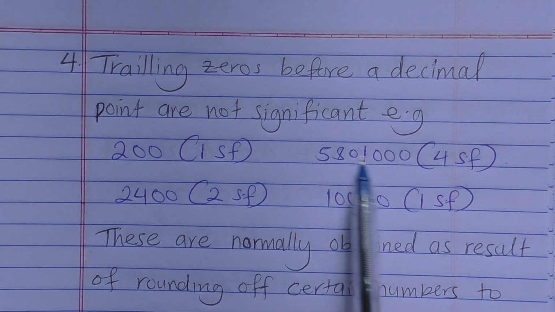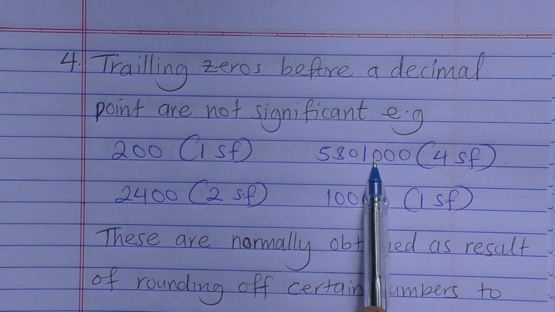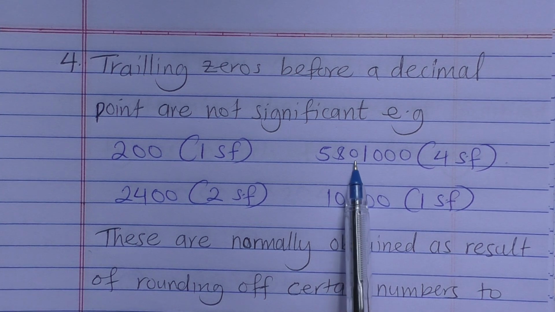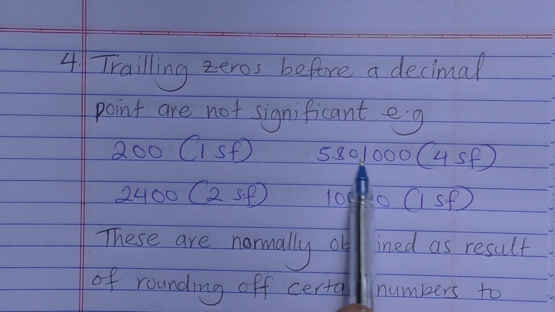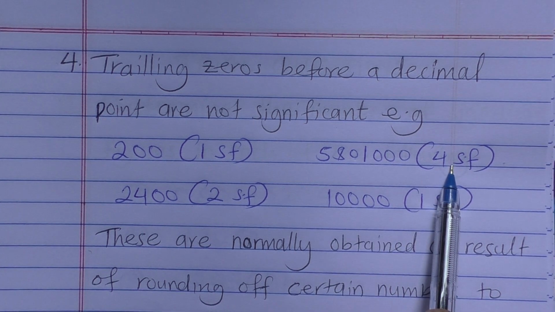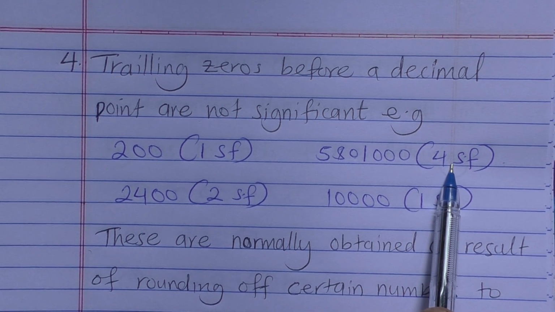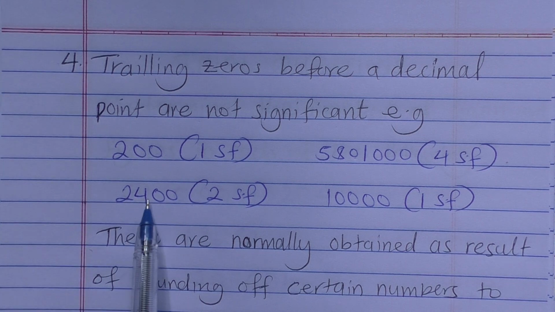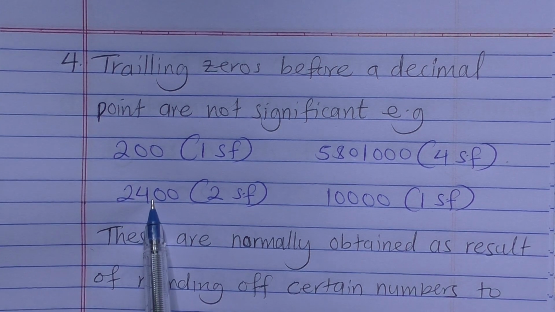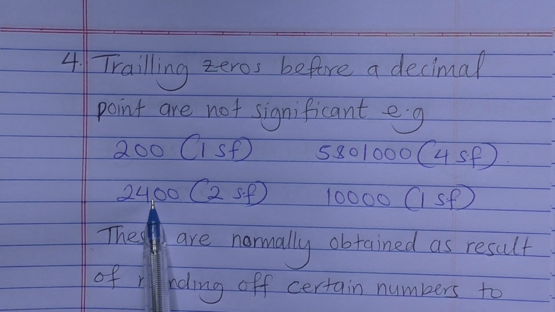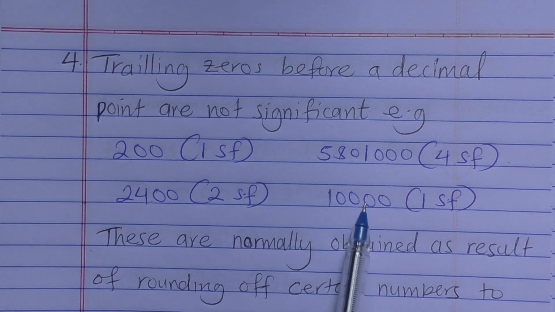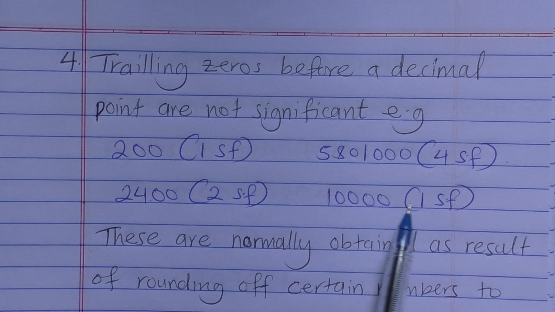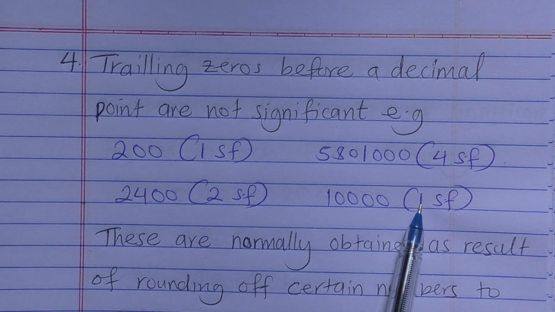In this one, these zeros are not significant, but we can consider this because it is trapped between the non-zero digits. So this one has 4 significant figures. In 2500, we only have 2 significant figures, and these zeros are not significant. In 10,000, we have only 1 significant figure.